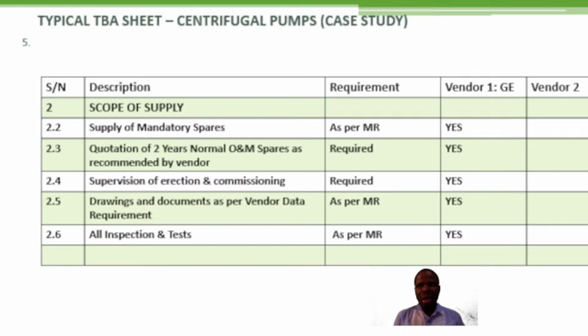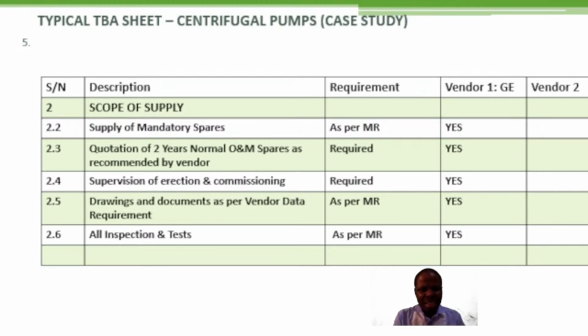The vendor's proposal shall as a minimum include the following. Of course, the list of recommended commissioning spares. Has the vendor supplied you with this list of recommended commissioning spares in the offer? Has he listed the mandatory spares? Has he listed the spare parts for 2 years normal operation?